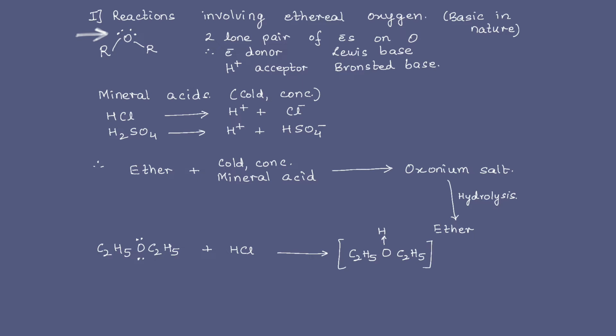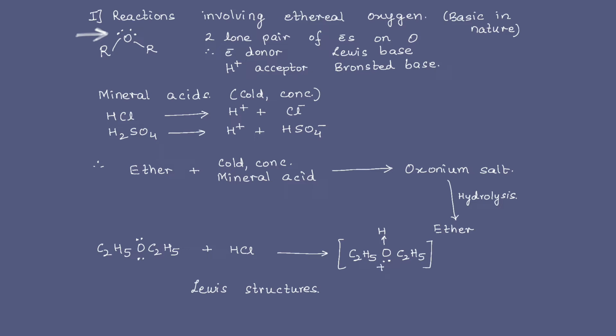Can you please calculate the formal charge on the oxygen atom here? Please calculate the formal charge on oxygen. We have already done calculation of formal charge under the topic of Lewis structures. In case you are confused about that, you can visit that video a little later. Very good.